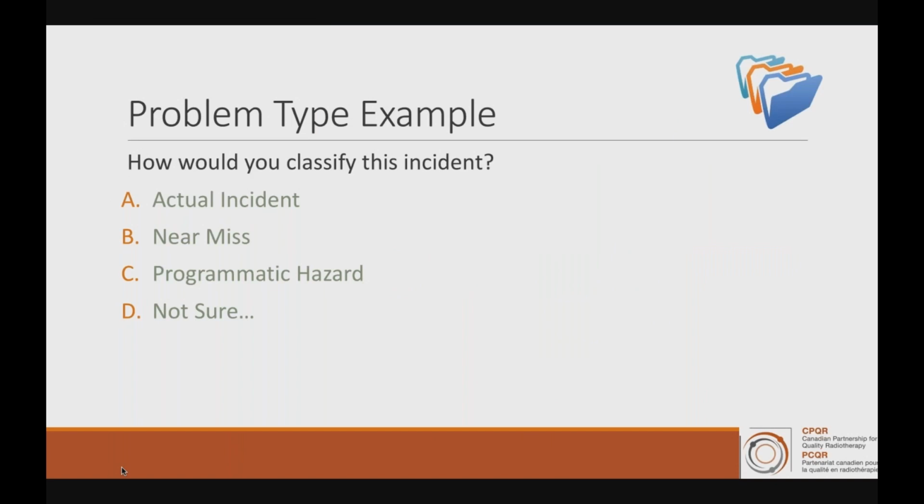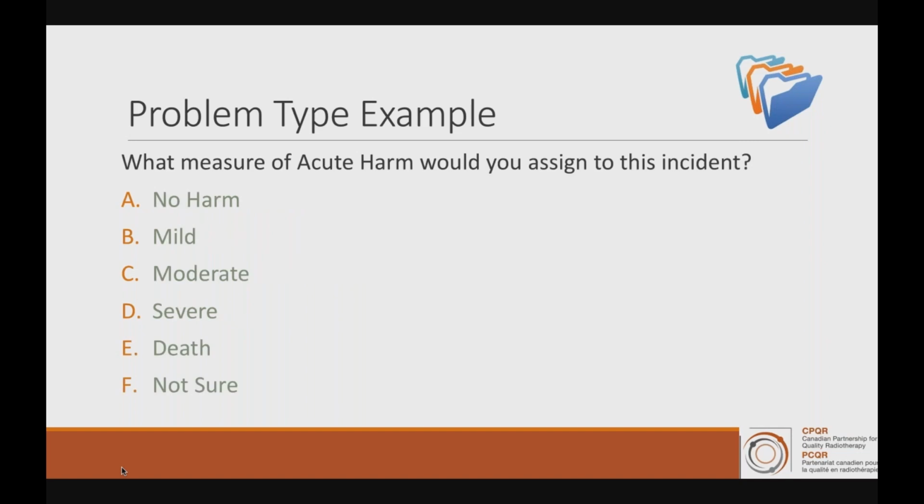So how would we classify this incident? An actual incident, near miss, programmatic hazard, not sure. So yes, this is an actual incident. Patient did receive dose to the wrong area. So what measure of acute harm would we assign to this incident?